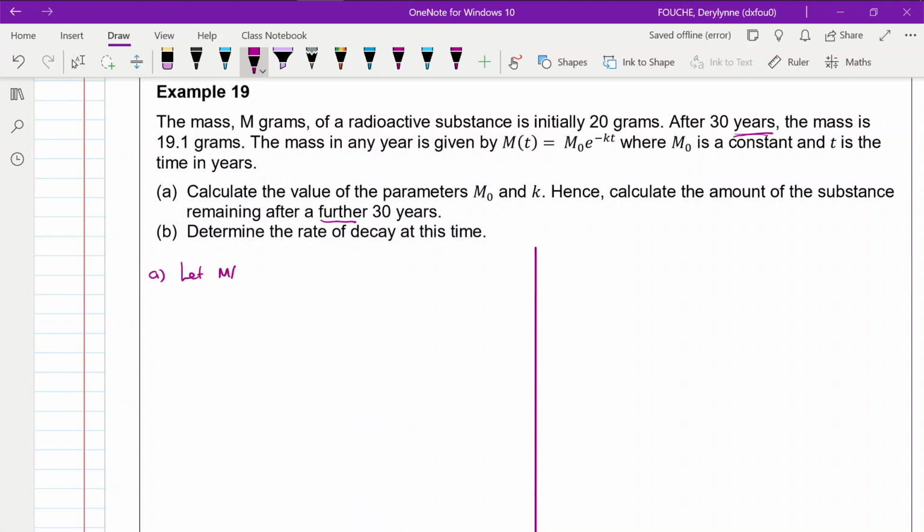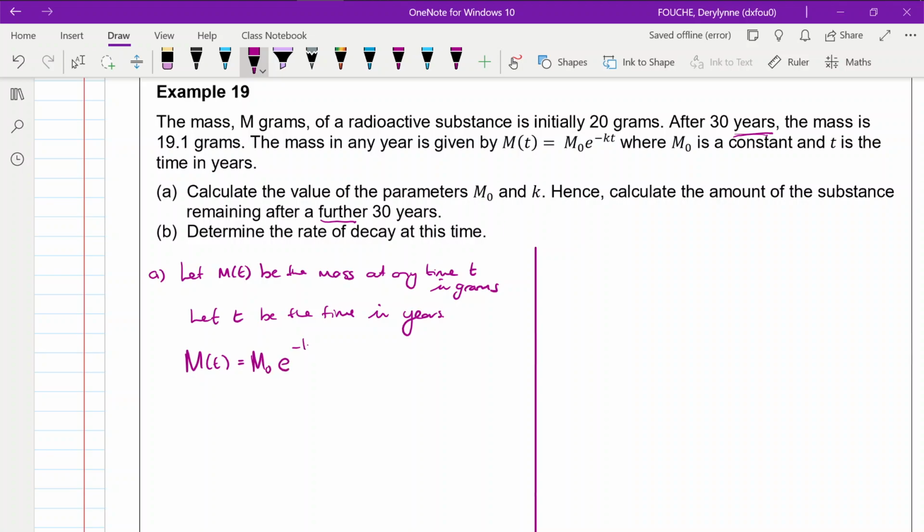So we're going to let m(t) be the mass at any time t in grams, and we're going to let t be the time in years.